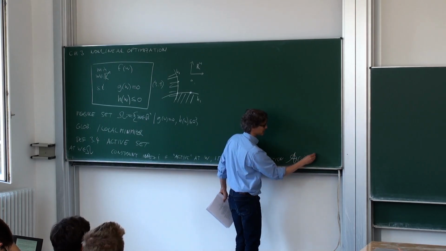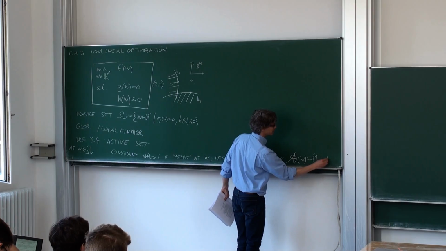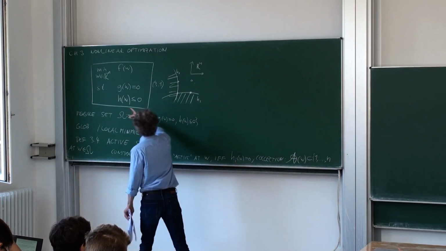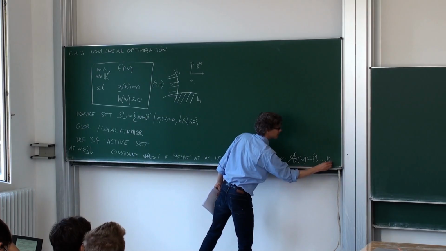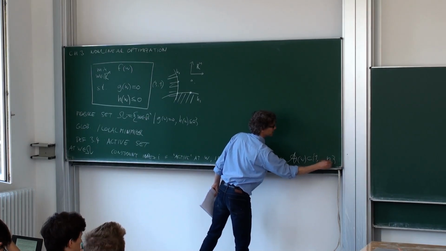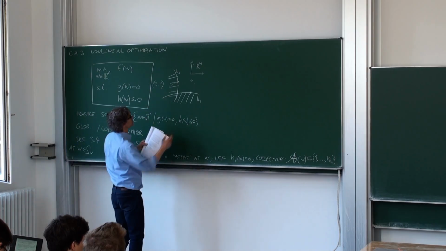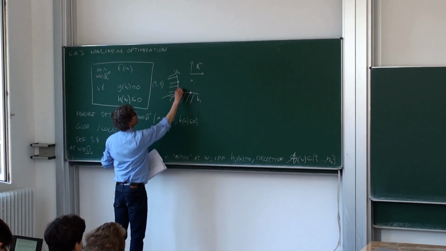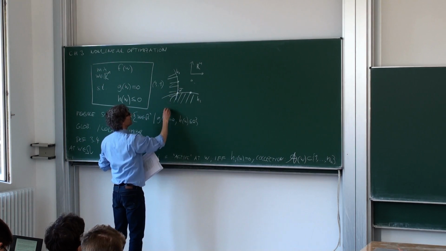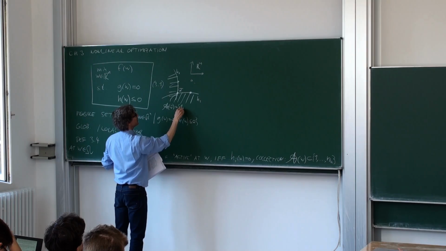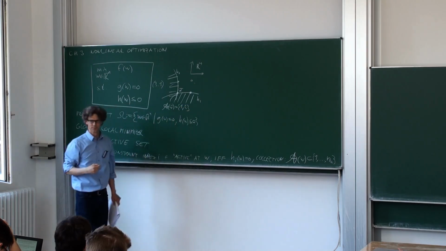It's of course a subset of all the possible indices, and I give n_h as the number of inequalities here. So for example, for this point, if I call it w bar, then A(w bar) is equal to the set of 1 and 2.